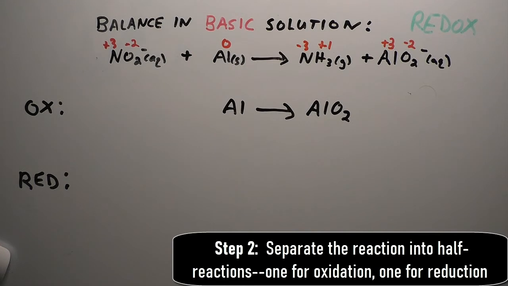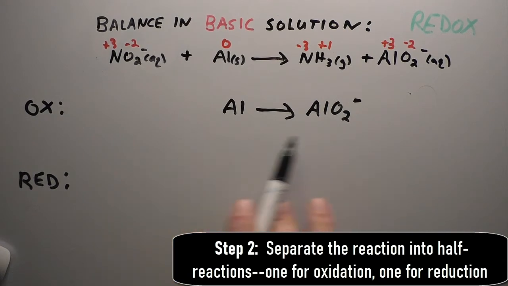Now, for the purposes of clarity and brevity, I'm going to omit the states of matter, the solid for aluminum, the aqueous for the aluminate ion. Whoops, almost forgot to put that minus in there. So let's just imagine that they're there, but I'm not going to write them in just to make things cleaner and faster. For the purposes of redox, they're not super important at this stage.